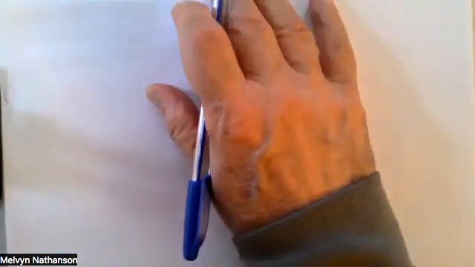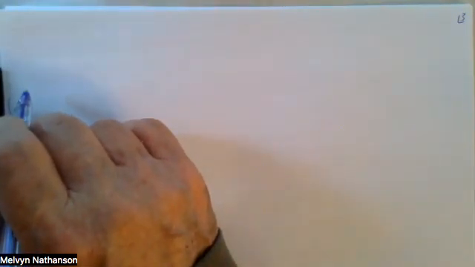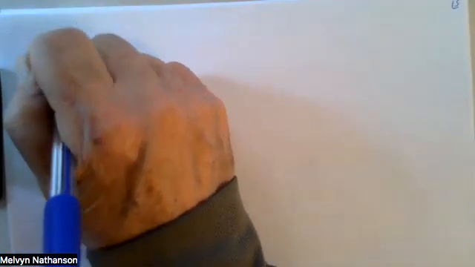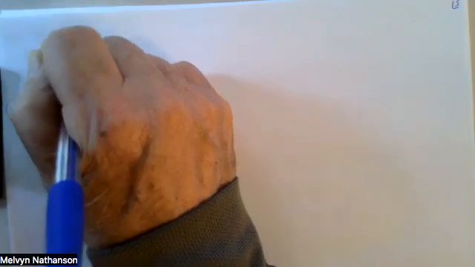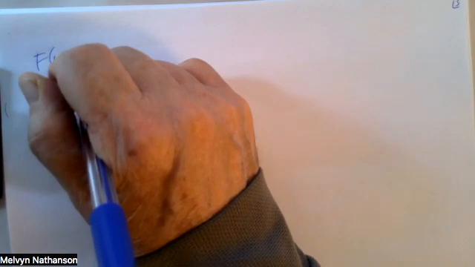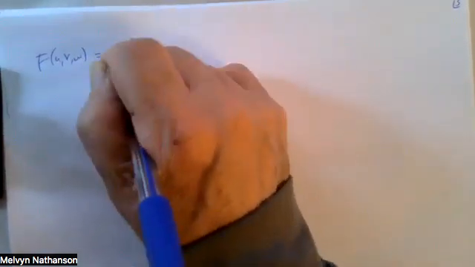There's no difference if you look at a function of 3 variables. Suppose you have the function, and it doesn't matter what letters you use, x, y, z, u, v, w, a letter is a letter. Suppose the function is f of u, v, w is u over v plus w.